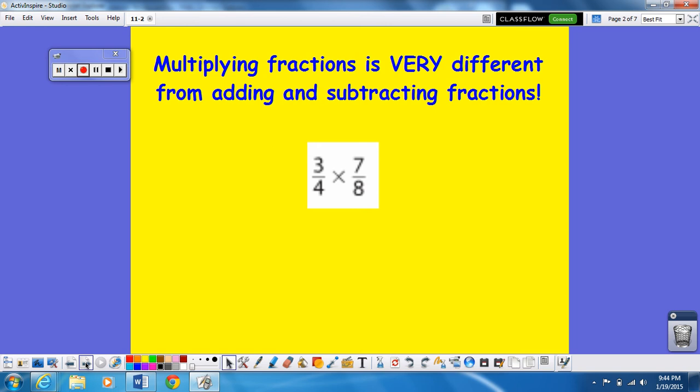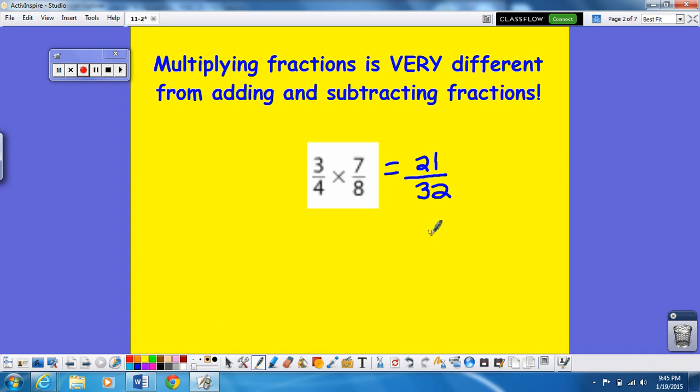Multiplying is very different. I like to call it probably one of the easiest things that we do with fractions, because all you do is multiply the numerator and then multiply the denominator. So in this particular problem, I would do 3 times 7 is 21, 4 times 8 is 32.